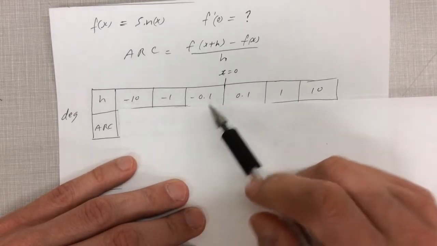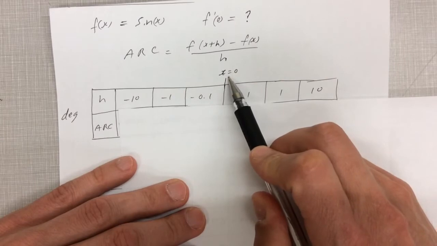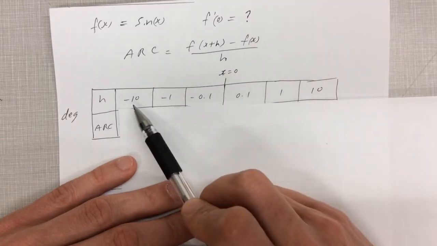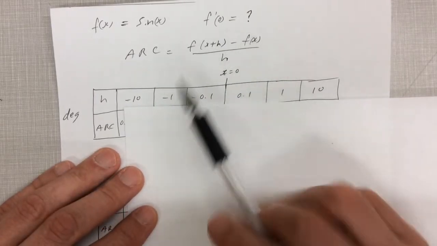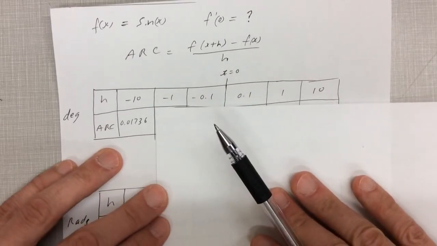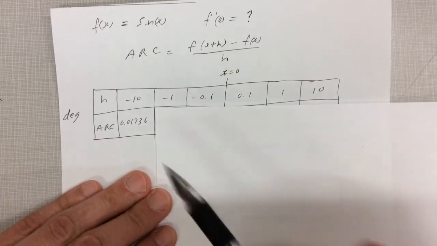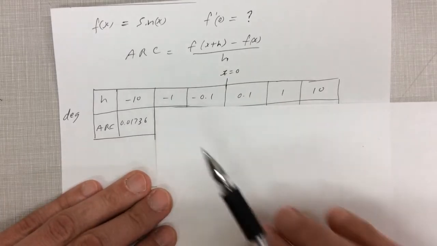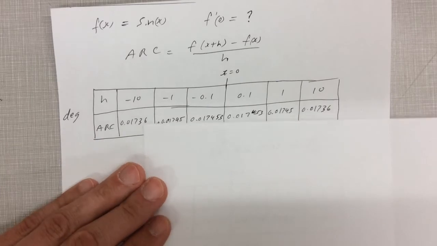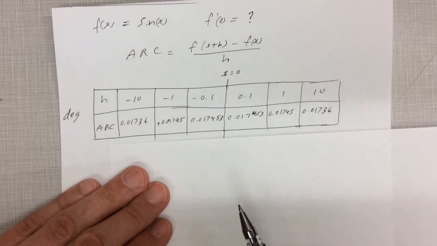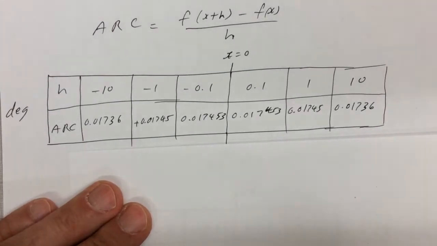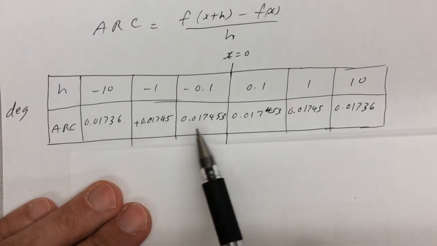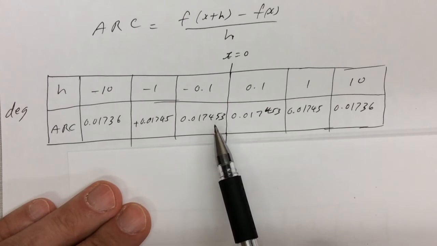So the average rate of change between x equals 0 and x equals negative 10, basically, is going to be, if you plug that into your calculator and work this out, you're going to get negative 0.01736 approximately. Okay, if you keep working these all out, you're going to get these numbers. Okay, so these are approaching a certain value, which we can't really tell what it is.